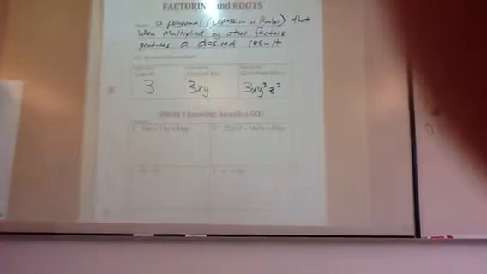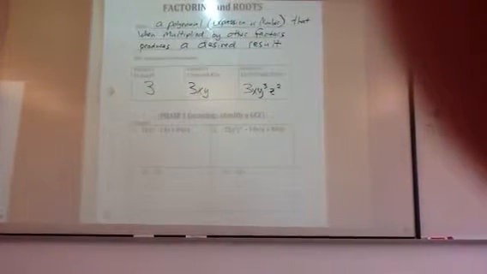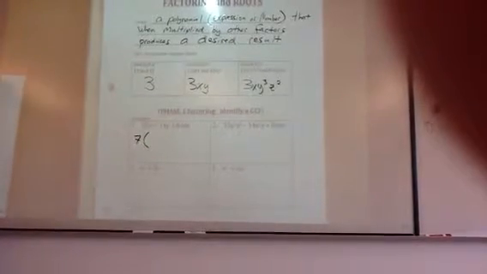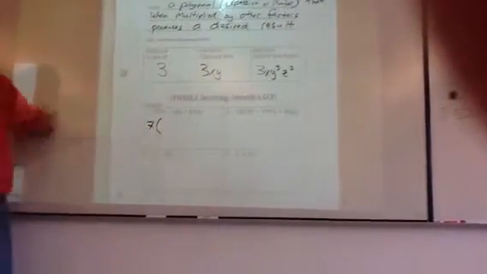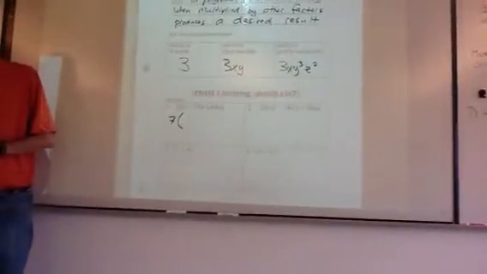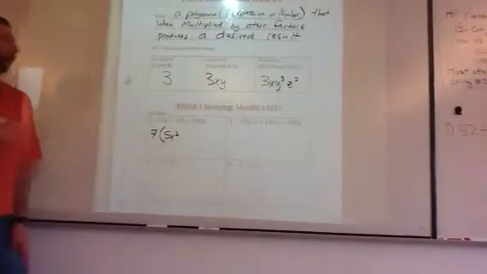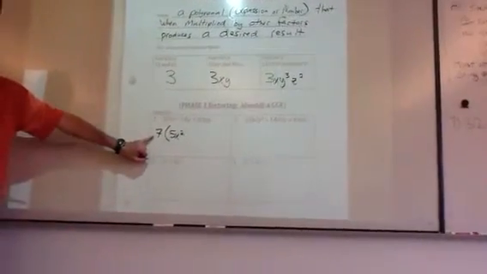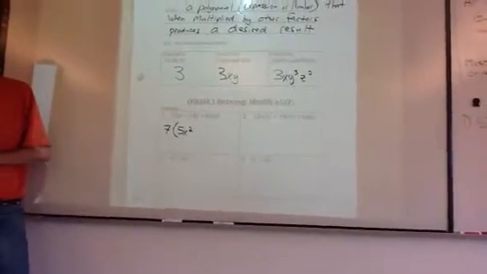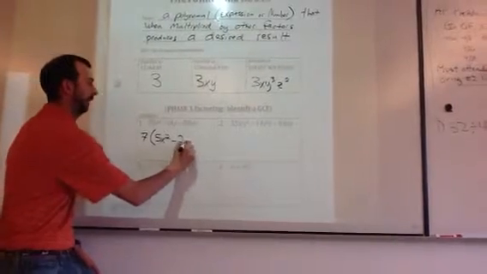What is the greatest common factor of those 3 terms? 7. What would I have to multiply that 7 by to get 35x squared? 5x squared. What would I have to multiply my 7 by to get a product of negative 14y? Negative 2y.